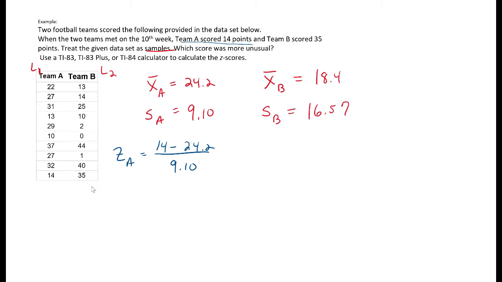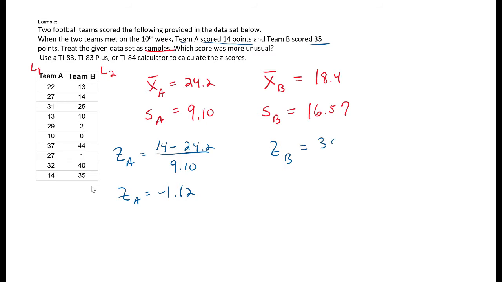Okay, I'm going to put this actually in my calculator I have beside me here. So if you do 14 minus 24.2, divide that by 9.1, you get a negative 1.12 as a z-score. Okay. On the other hand, Team B scored 35 points.